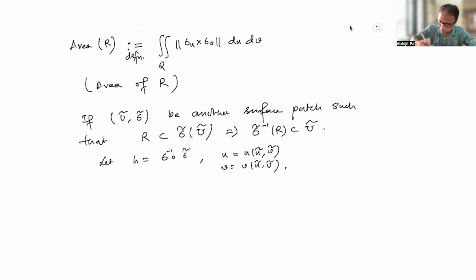Okay. And if I take the Jacobian of this, corresponding to H I'll have a Jacobian matrix.